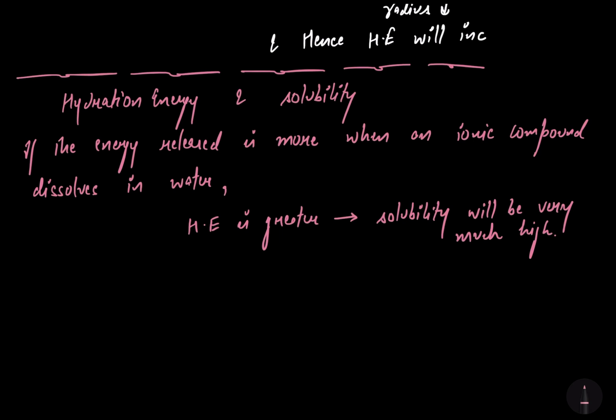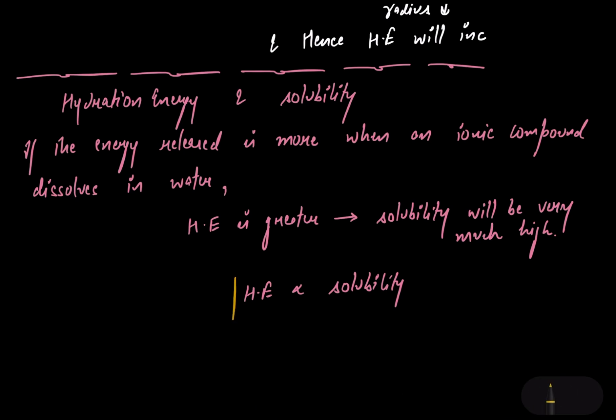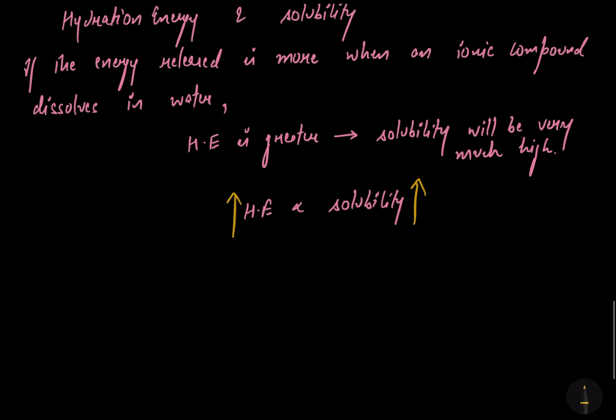That is, hydration energy is directly proportional to solubility. If the magnitude of hydration energy is greater, the solubility of that compound is more. More is the solubility of that ionic compound in water.